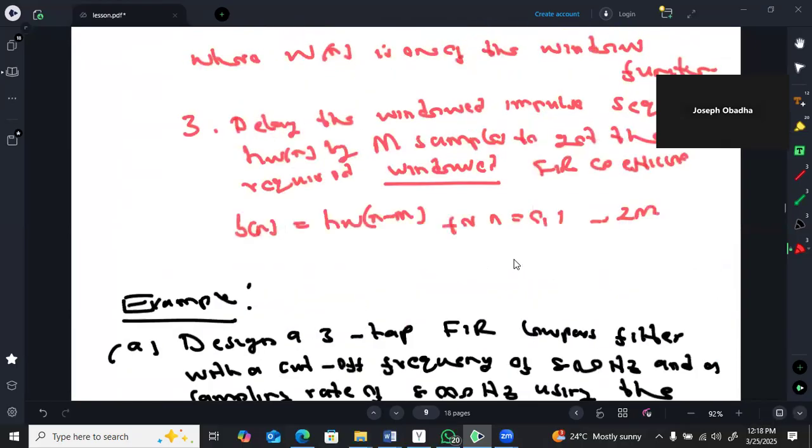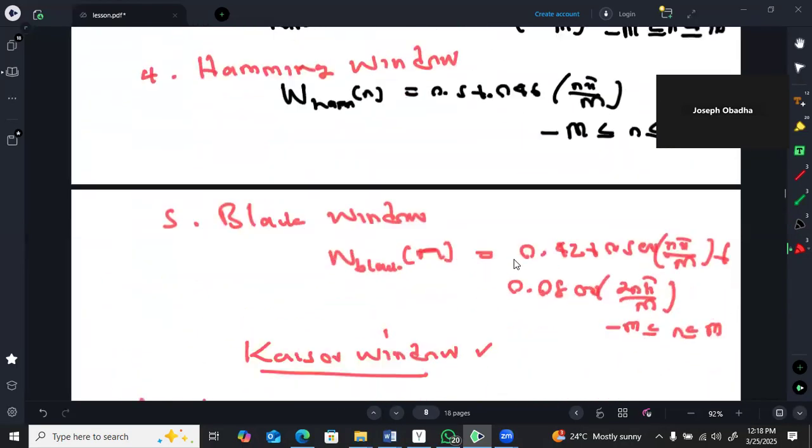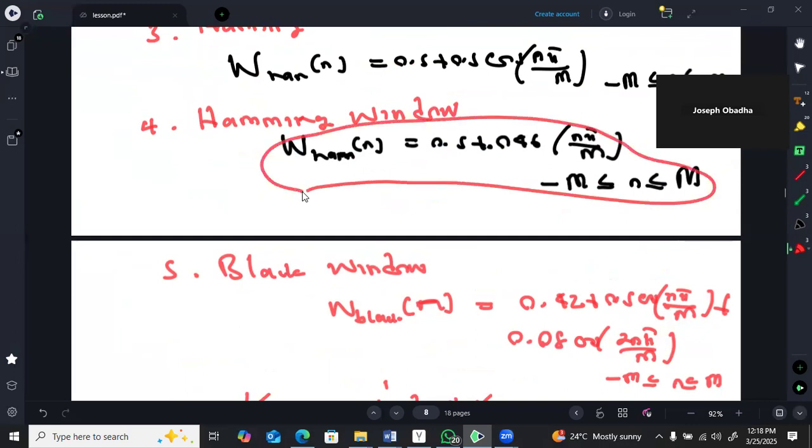You can see the Hamming window is given here: 0.5 plus 0.46 cos(n pi over M).